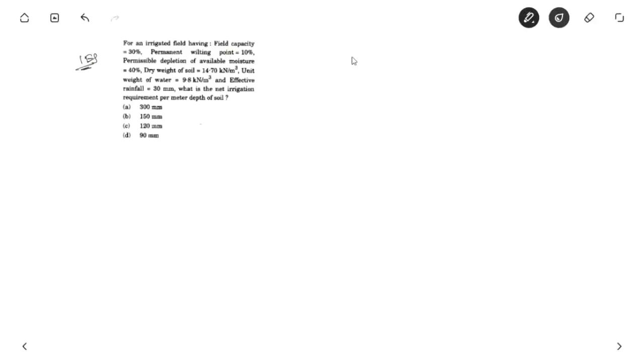This is an MCQ type question, because in your paper some MCQs are also available. So we have field capacity of 30% and permanent wilting point of 10%. Both values are given.